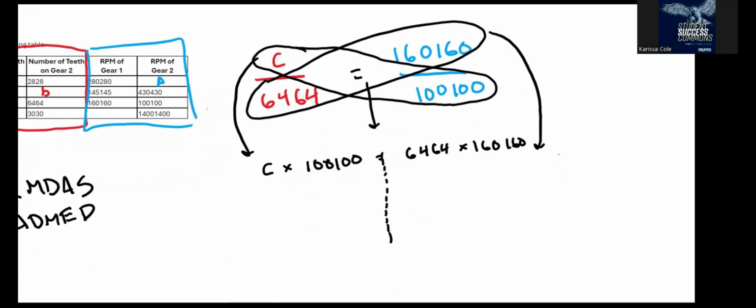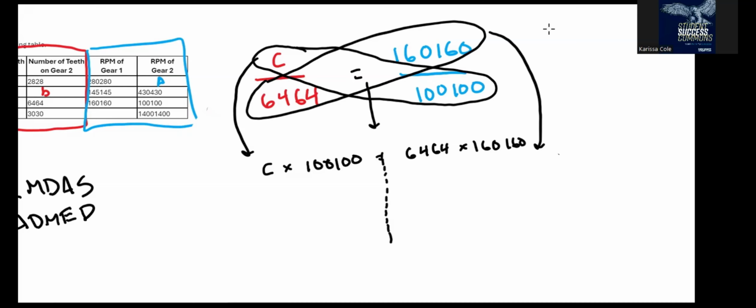So on the left here, we have C times 100,100. You can keep it written that way. Again, you might see it written like this with the number first, and then the letter just slapped on. You might see it written with a little dot, like that.